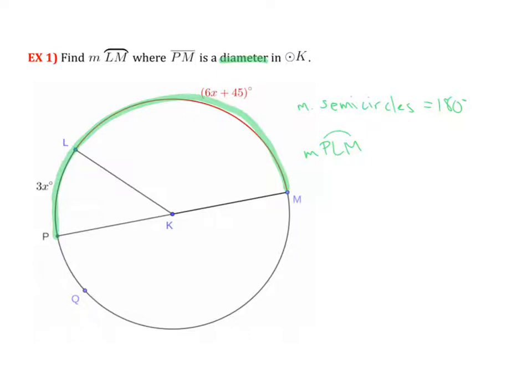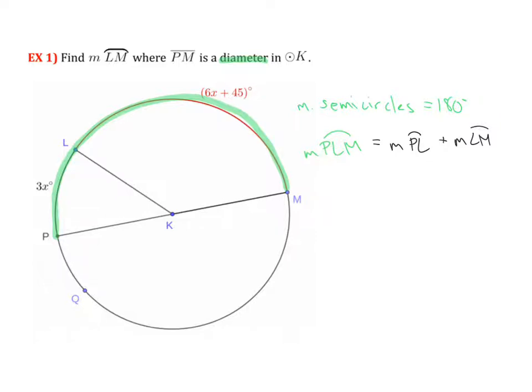Now, before I go ahead and write that down though, taking a look, I notice that arc PLM, the semicircle, is made up of two other arcs, specifically arc PL and arc LM. So I can use the addition postulate to write an equation that tells me that if I add the measure of arc PL together with the measure of arc LM, it will give me the measure of arc PLM.